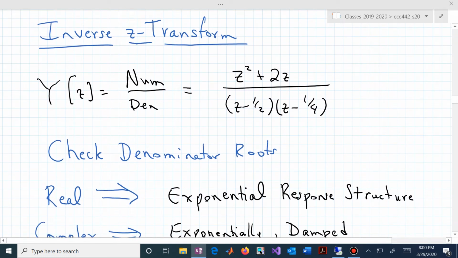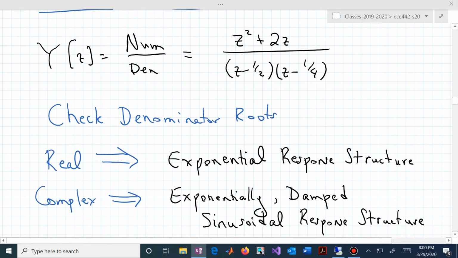Let's now look at inverse z transforms. Here's an example. Suppose we have y of z as a ratio of polynomials. First, you want to check the roots of the denominator, and that's going to influence your modes. If you have real roots, then you have exponential response. Those could be exponentially decaying or exponentially growing.